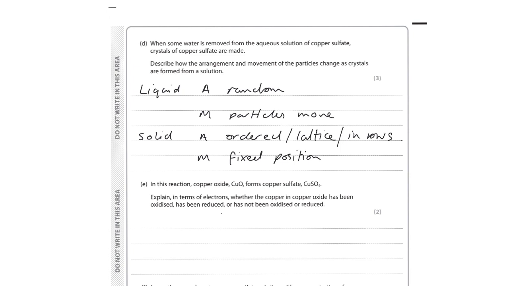You could say they're not moving, although that's not the best answer, but they're in a fixed position, they're vibrating about the same position. Like I say, of those four things, you needed to say 3 out of 4 of those to get the 3 marks.